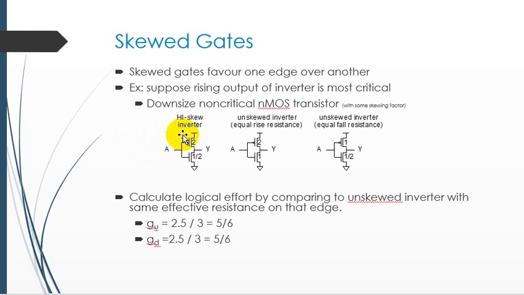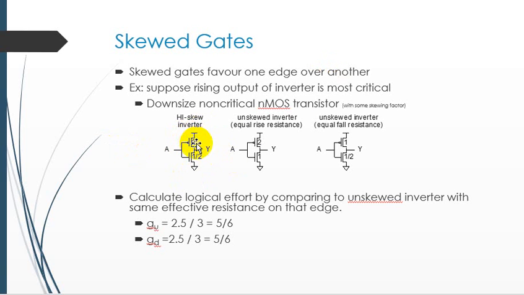The logical efforts of the rising up or falling down transitions are called GU and GD respectively, and are the ratio of the input capacitance of the skewed gate to the input capacitance of the unskewed inverter with equal drive for the transition.